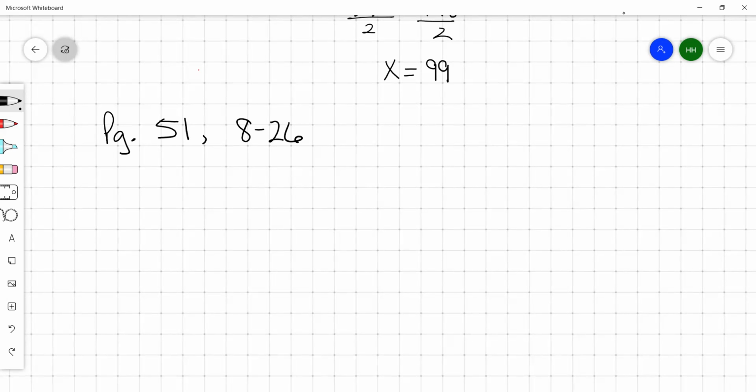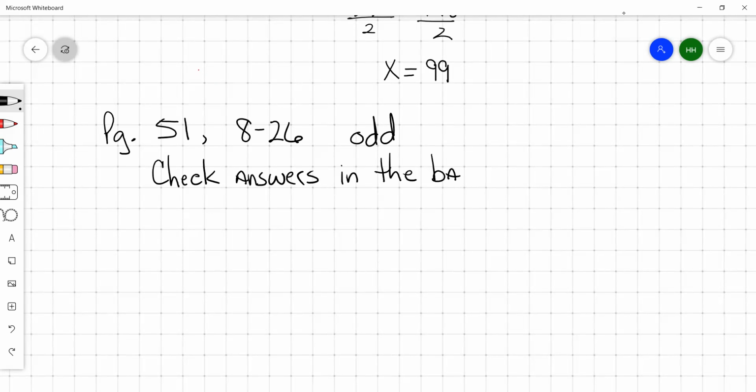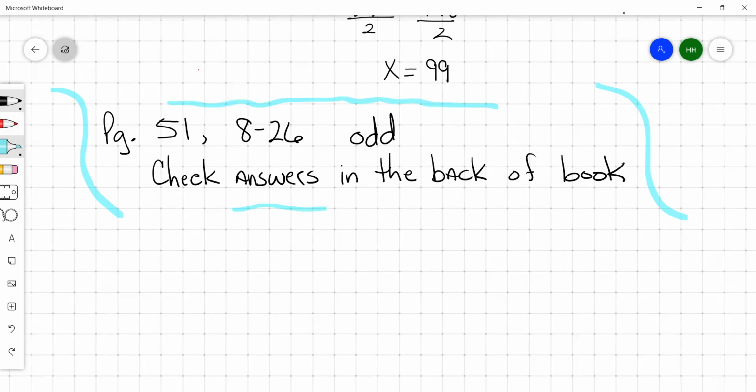And I want you to do the odds so that you can check your answers in the back of the book. Page 51, problems 8 through 26. Please check your answers in the back of your book. All right. Any questions? Yes, ma'am. This is going in the basket when the bell rings.